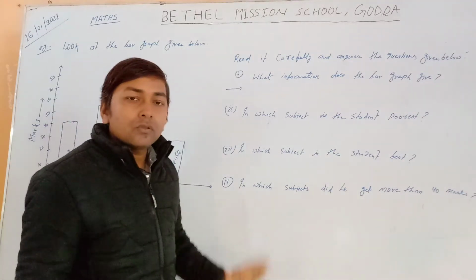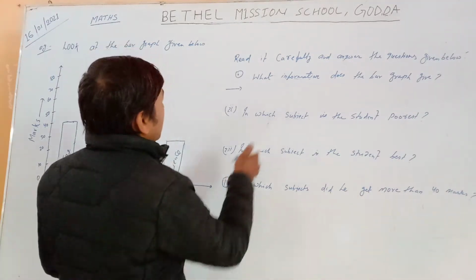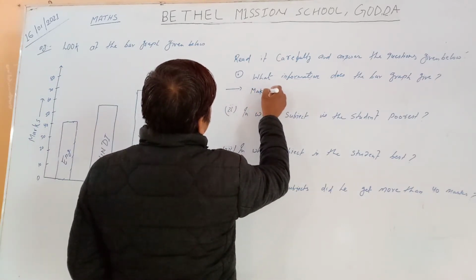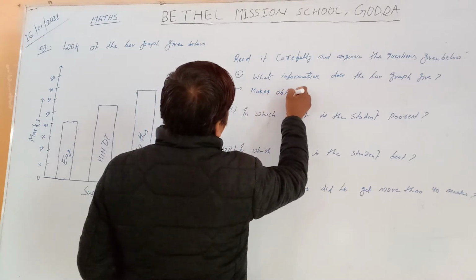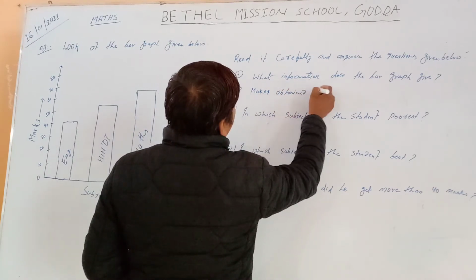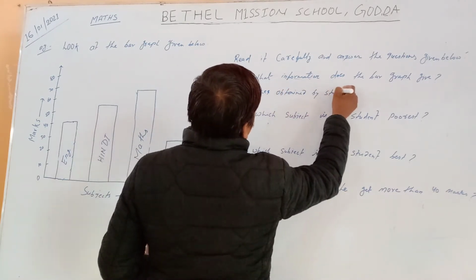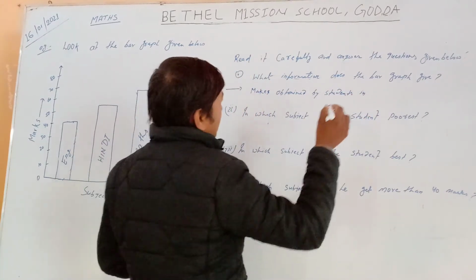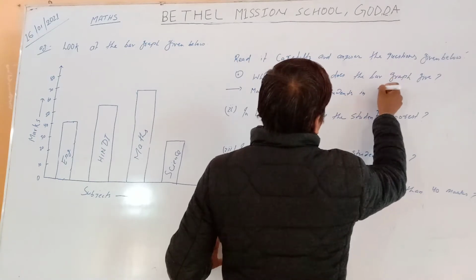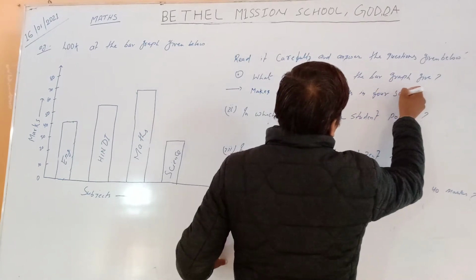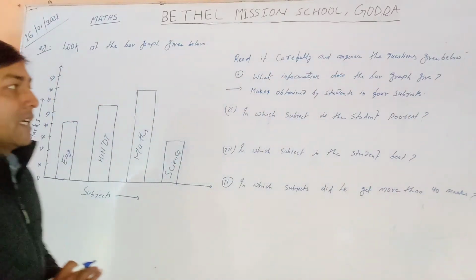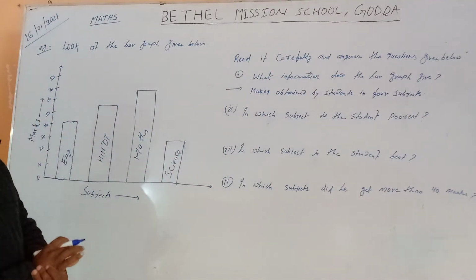So you have to write that the answer is marks obtained by students in 4 subjects. Only 4 subjects have been taken. This information we get from this bar graph.